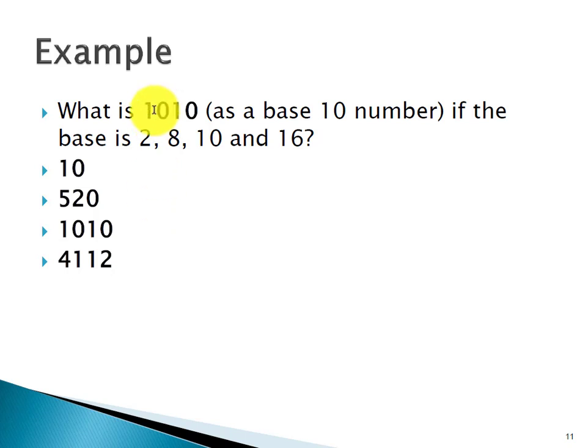I'll repeat it: 1 multiplied by 2 to the power of 3, plus 0 multiplied by 2 to the power of 2, plus 1 multiplied by 2 to the power of 1, plus 0 multiplied by 2 to the power of 0. And that will give you, if you put it in your calculator with base 10 operations, 10.